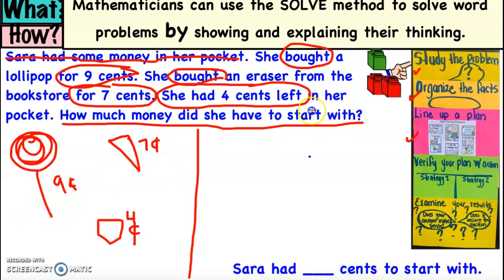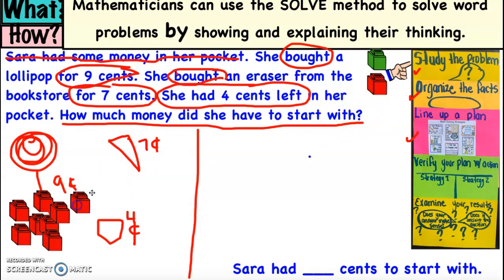So she had 9 cents, right? One, I put that one back. 1, 2, 3, 4, 5, 6. If you don't need to use a manipulative, do not use it. 6, 7, 8, 9. So that represents what she paid for the lollipop.